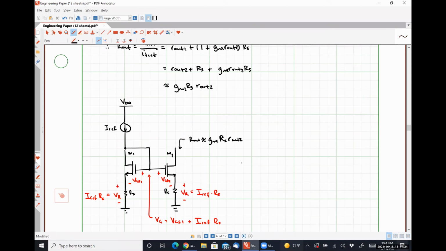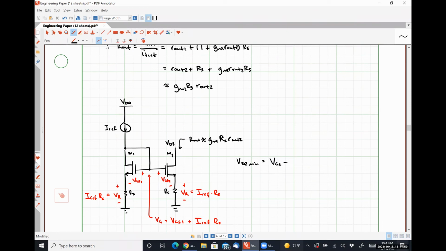So let me ask you guys now, what's the minimum value of the voltage that can occur at the drain of transistor M2 to keep this guy in saturation? Exactly right.